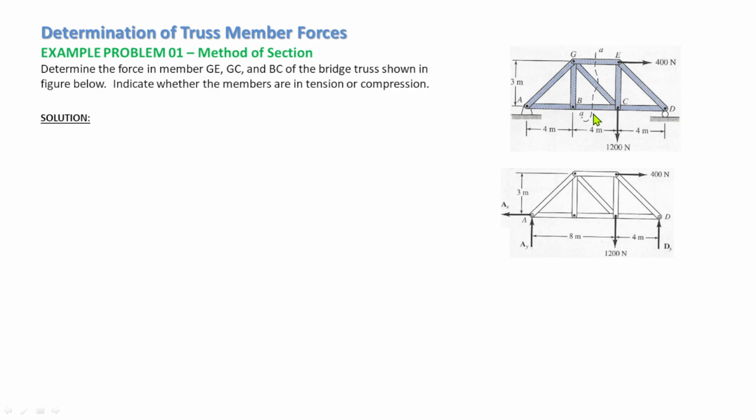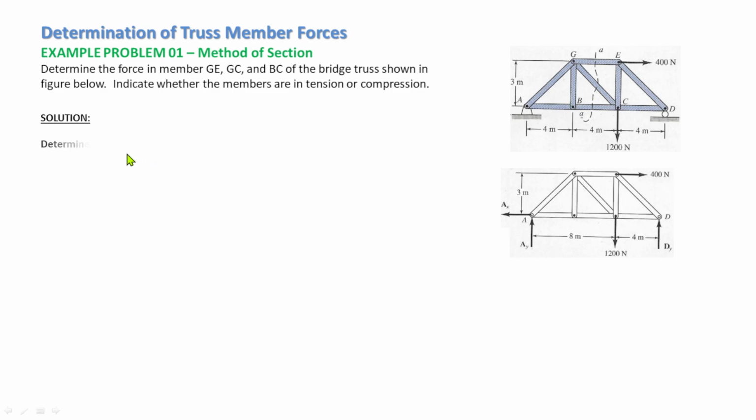That is the maximum allowed. And make sure also that when we sum up moment at some point, let's see, at C or G, we will have fewer unknown members, and we will show that later on.